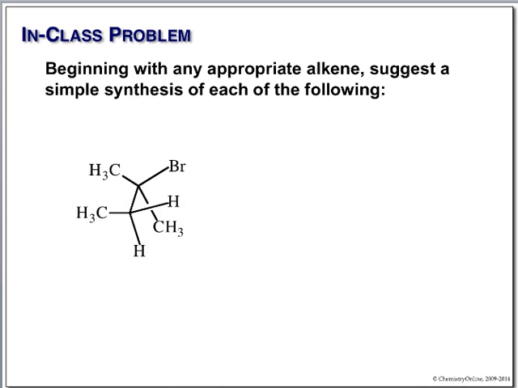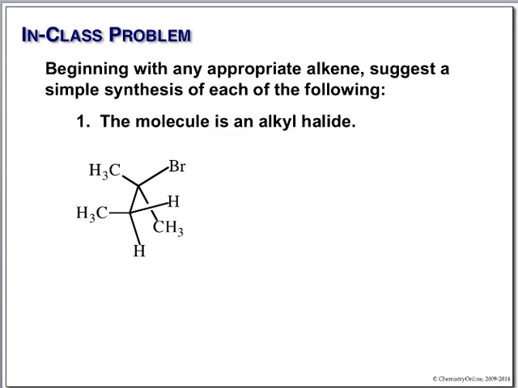All right, let's look at this guy. We look at it and what do we say? What kind of compound is it? It's an alkyl bromide, right? How many ways do I know to make alkyl bromides? 2. I can do Markovnikov addition of HBr, or I can do anti-Markovnikov addition, HBr with peroxide.